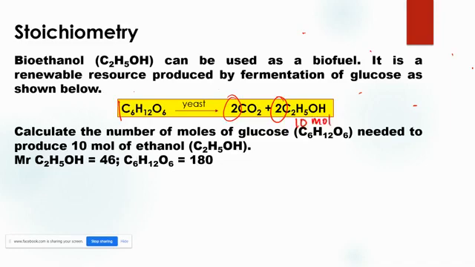Remember, every time you do stoichiometric calculation, you have to start with moles and end with moles also. We have 10 moles of ethanol, and now we have to calculate the number of moles of glucose needed to produce it.